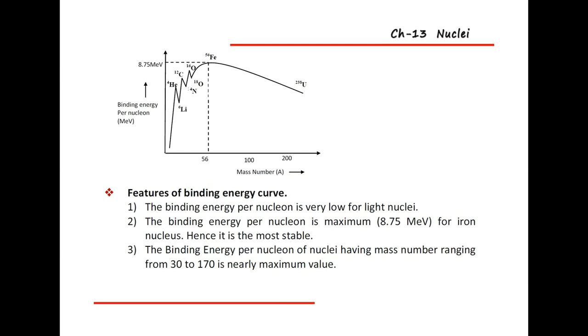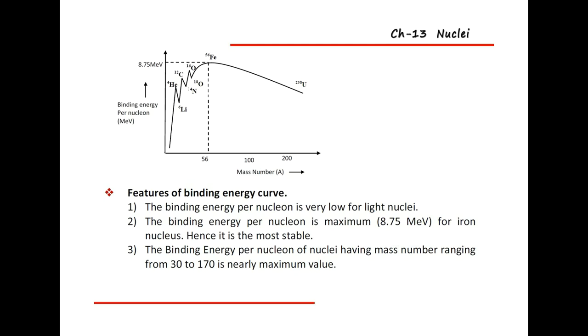The peaks indicate that these elements are in a more stable form than their neighbors like lithium, boron, and nitrogen.